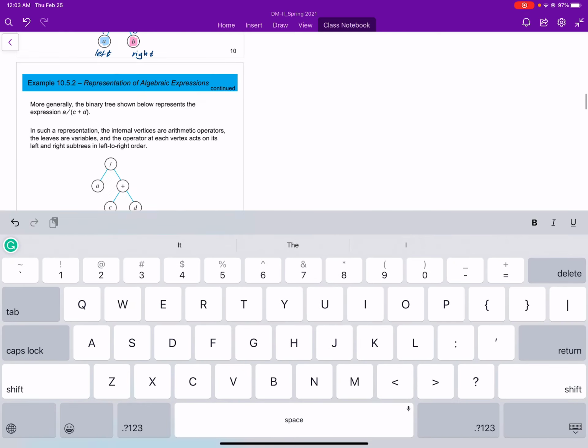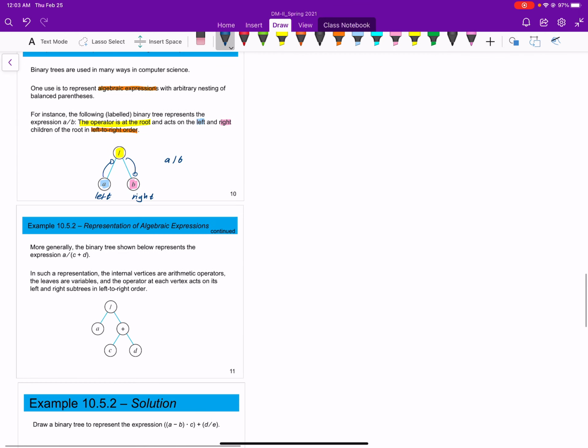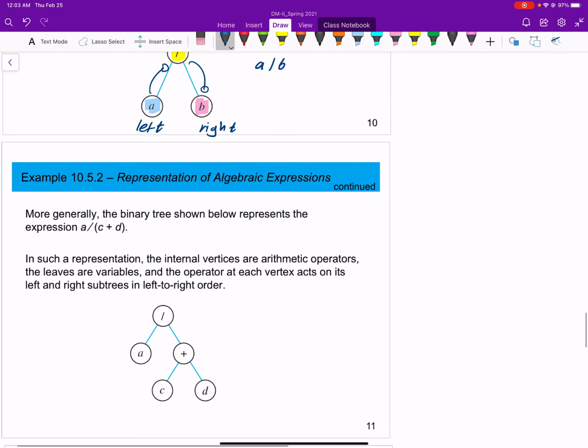All right, let's go forward. We have another example, example 10.5.2, representation of algebraic expressions. More generally, the binary tree shown below represents the expression a divided by c plus d. First of all, you have to recognize what the operators are here.